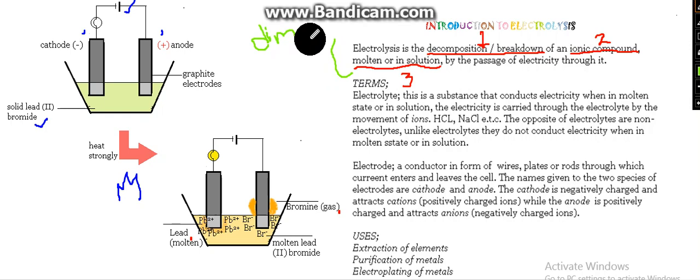It means that when you want to define electrolysis, these three keywords must be there, because electrolysis cannot occur without these three things. So if you want to just remember the three things, just use them. The decomposition or breakdown of an ionic compound in molten or in solution.